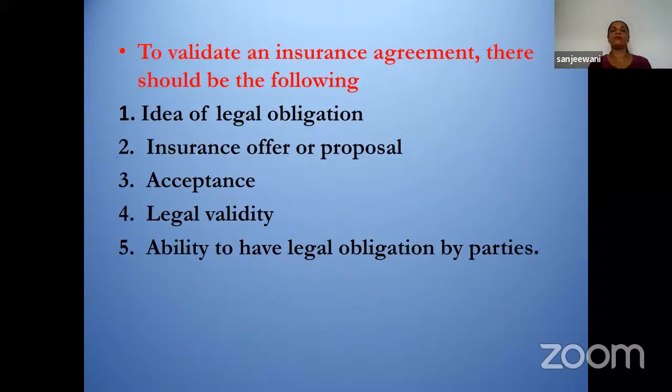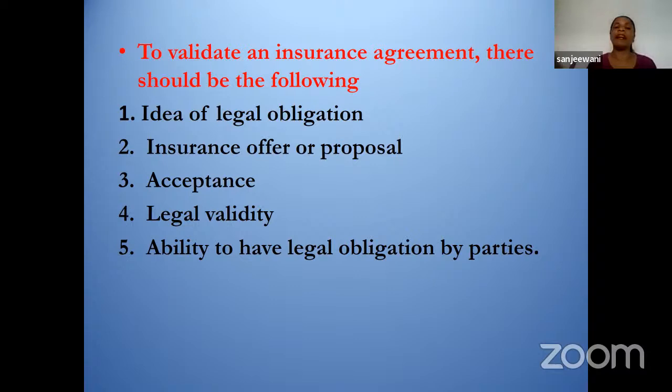Now, to validate an insurance agreement, there should be the following things. What should be there? To get the coverage, you should have an idea of legal obligation, right? Then an offer or a proposal, then you should accept that.